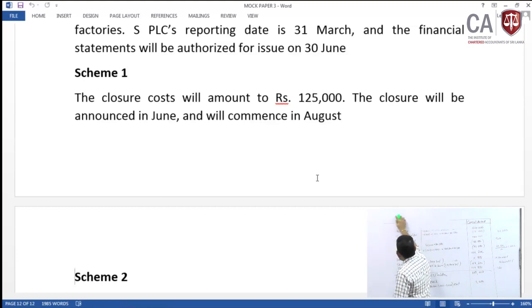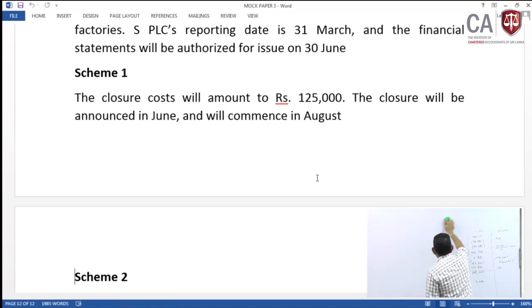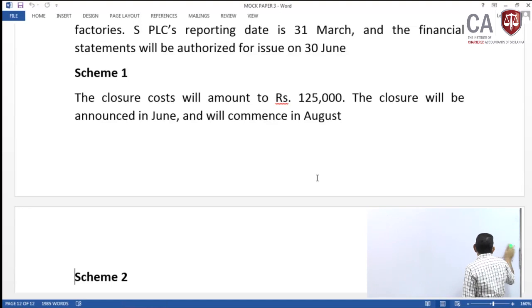To recognize provisions under a restructuring program, you need to have a detailed formal plan that should identify at least the business affected, the locations affected and the parties affected, and you should identify the approximate number of employees who will be compensated, the approximate amount of compensation to be paid when the plan is to be implemented.